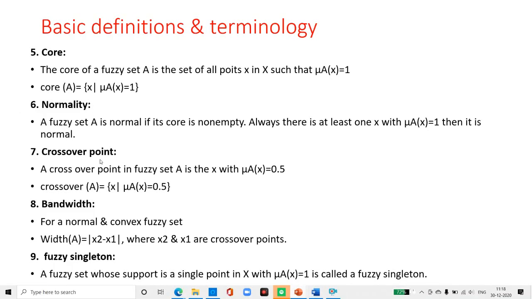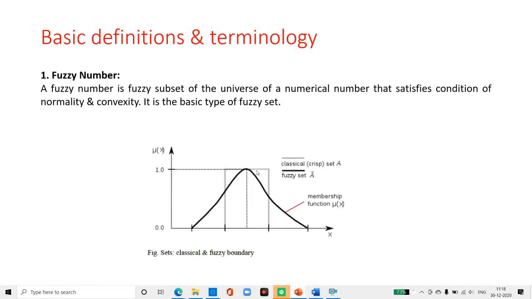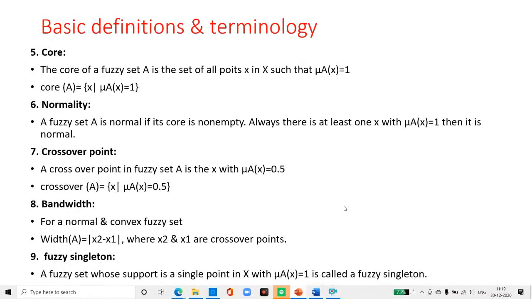Next, crossover point. A crossover point in a fuzzy set A is the x with mu of A equal to 0.5. So if you are getting a membership value of 0.5 for some x, this is our crossover point.